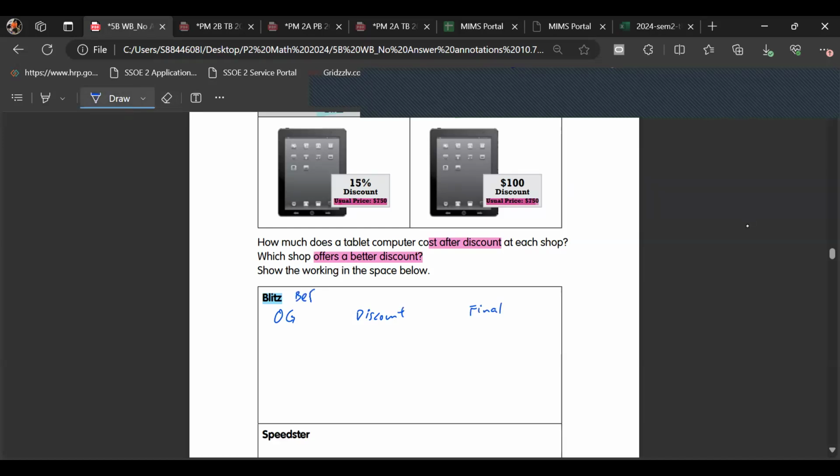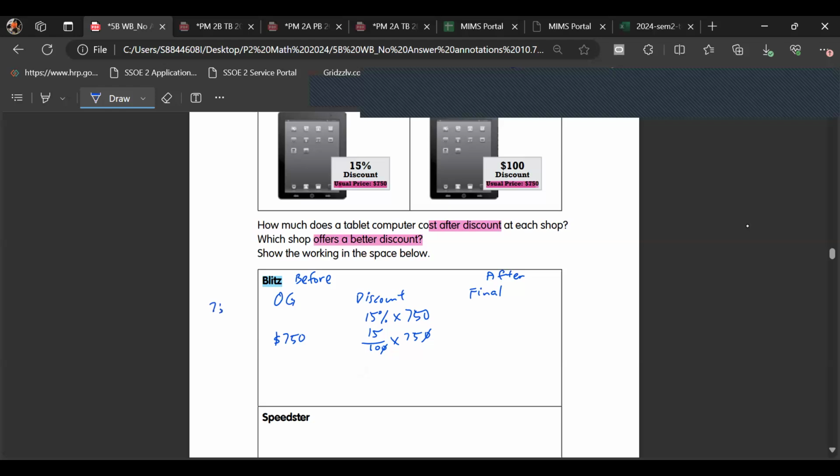Before discount, after discount. Original price, $750. The discount, 15%. 15 out of 100 times 750. Simplify: 75 times 50.